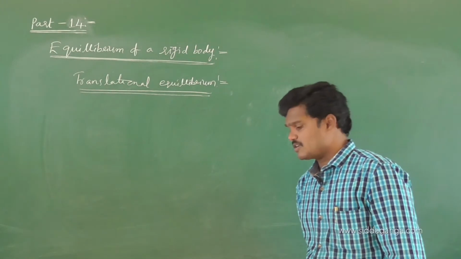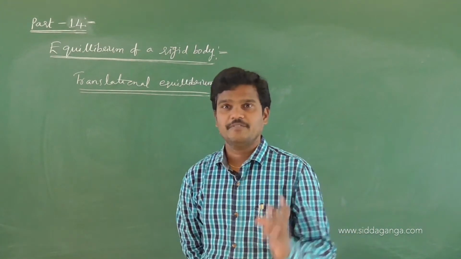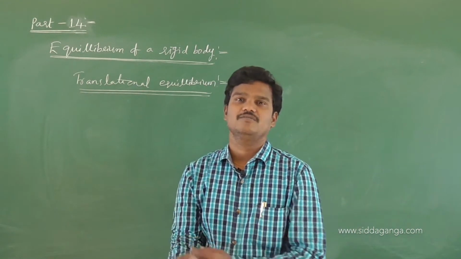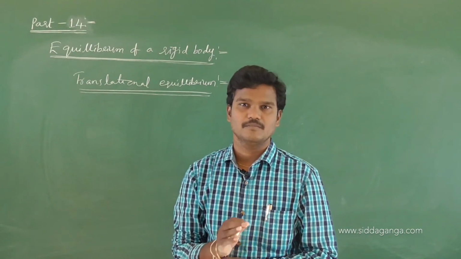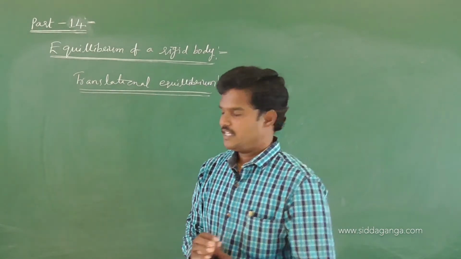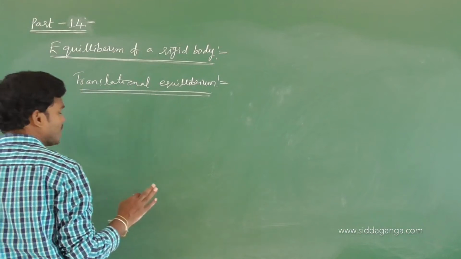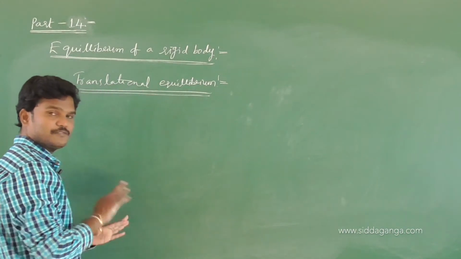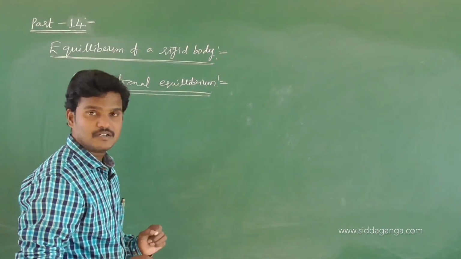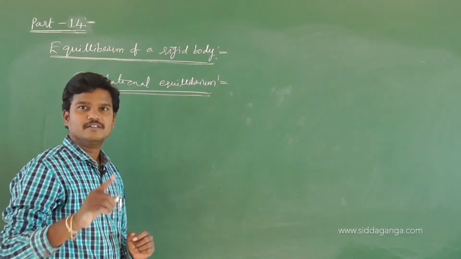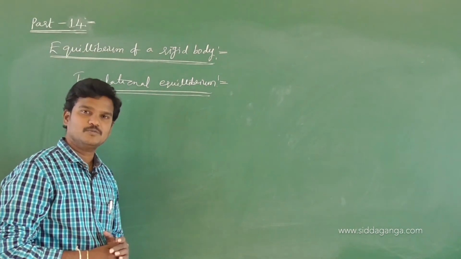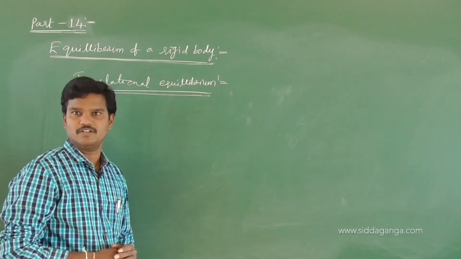So a rigid body is in translational equilibrium if the net external force acting on the body is zero. If there is no external force acting on the rigid body, then the rigid body is said to be in translational equilibrium.